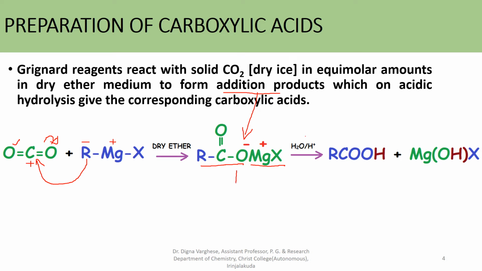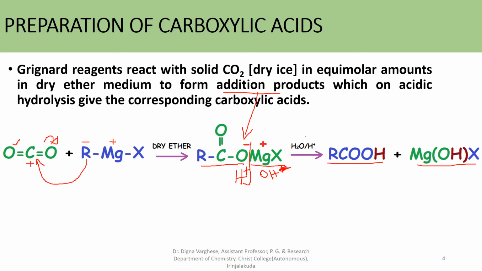It will react with the water molecules in such a way that the H plus part is attached to the carboxylate anionic part, and the negative hydroxyl group, OH minus, is attached to the magnesium positive part of the metal halide. After that it will form RCOOH, that is our product carboxylic acid, and magnesium hydroxy halide.